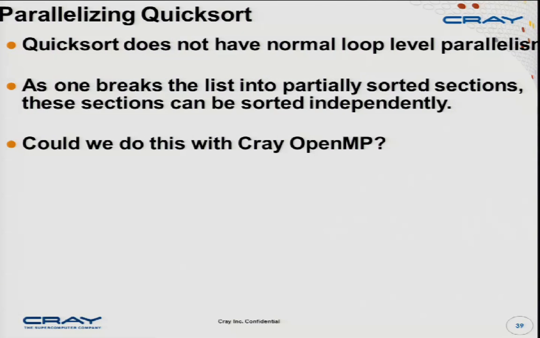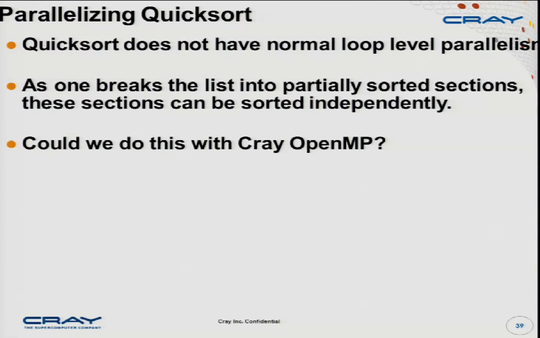So, parallelizing quicksort. Quicksort, hopefully people are a little bit familiar with. This is sorting a group of numbers from smallest to biggest, or biggest to smallest. It's a good way of doing sorting. It's been shown to do pretty well in most cases. But it's not exactly very easy to parallelize.